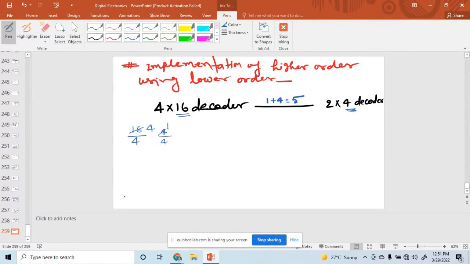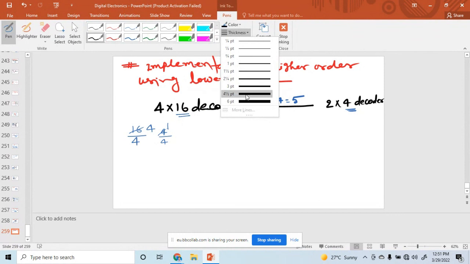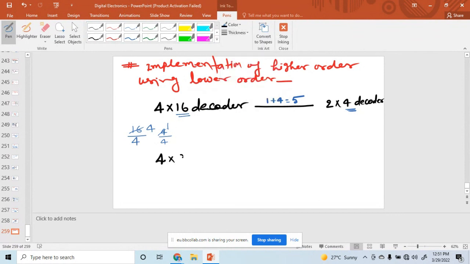Similarly, suppose the question is a 4 to 16 decoder, and you convert it using 3 to 8 decoders. How many decoders are needed? 16 divided by 8 is 2, and then 2 divided by 8 is considered as one decoder.